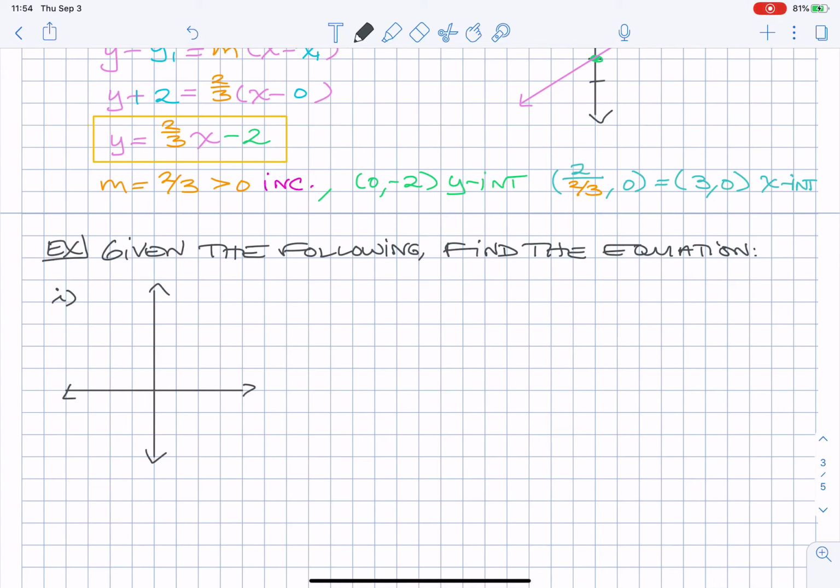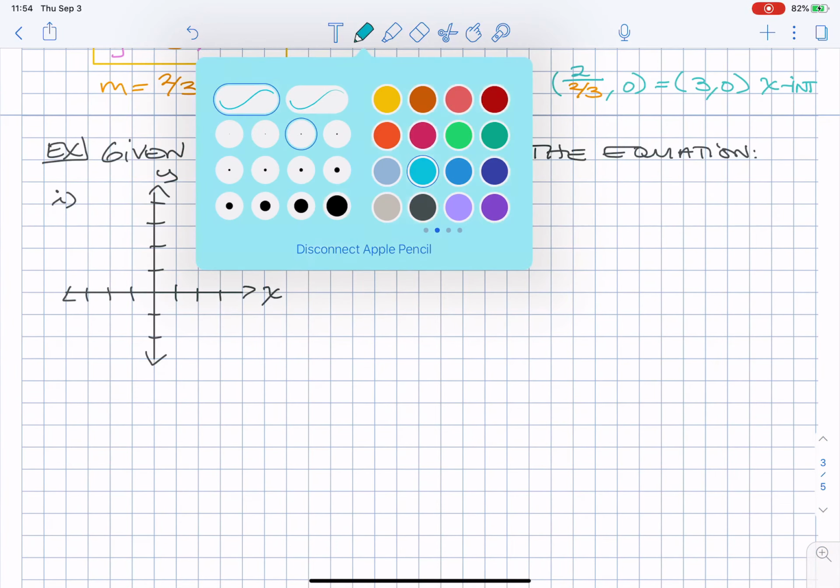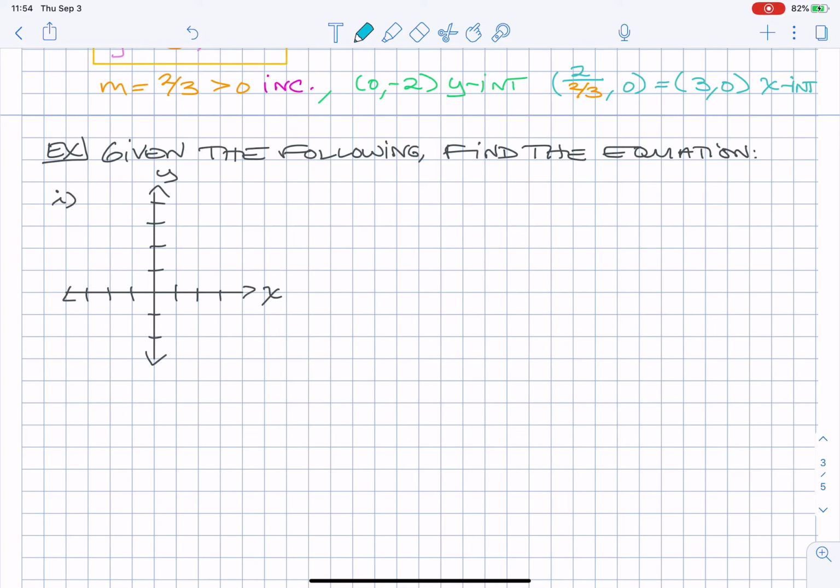So let's do 1, 2, 3, 4, 2, 3, 1, 2, 1, 2, 3. Okay, x and y. Let's say my graph looks something like so. Up 3, over 2. So this is my f of x.